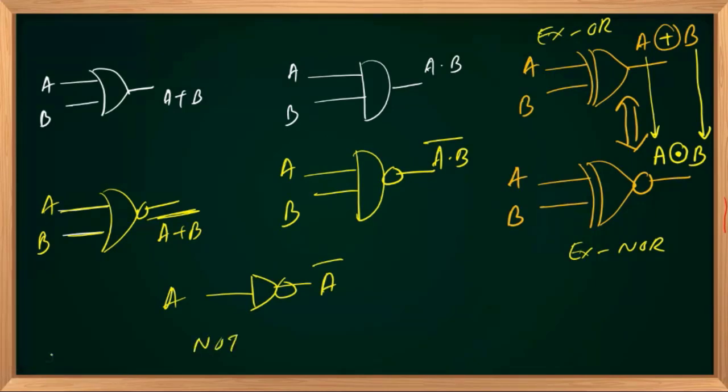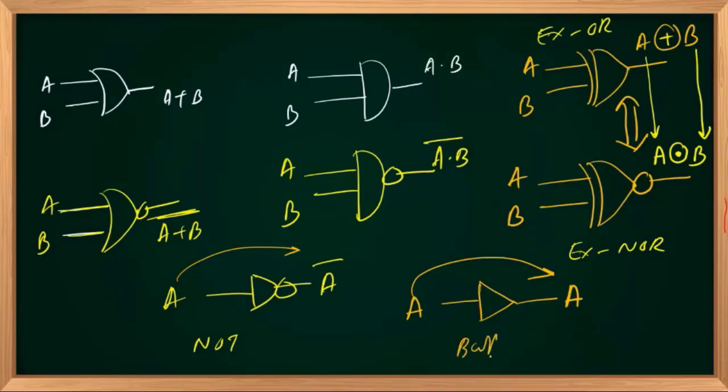And we have one more logic that is called a buffer, which we didn't discuss in yesterday's class. A buffer is nothing but a simple logic that will output the same as its input, whereas NOT will produce a complement of the input. Here, output and input are the same in the case of a buffer.